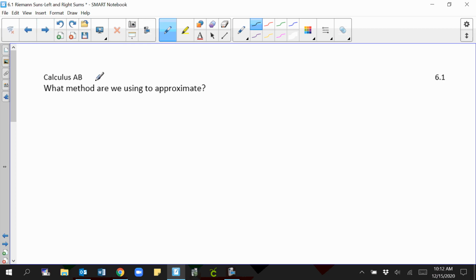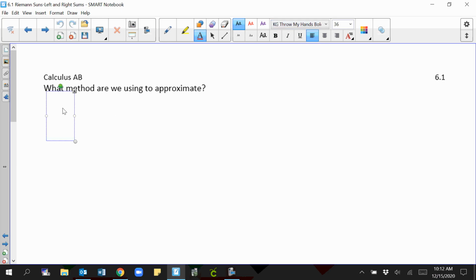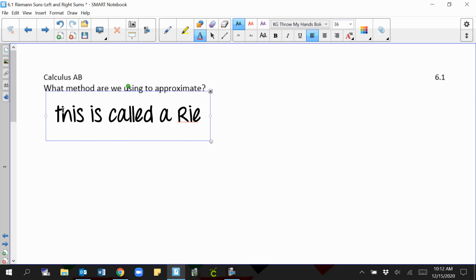For our next question, when it says what method are we using to approximate, we're using a bunch of rectangles and adding those areas together. That is what's called a Riemann sum. I'm going to type this out, and please forgive my bad typing. This is called a Riemann sum.